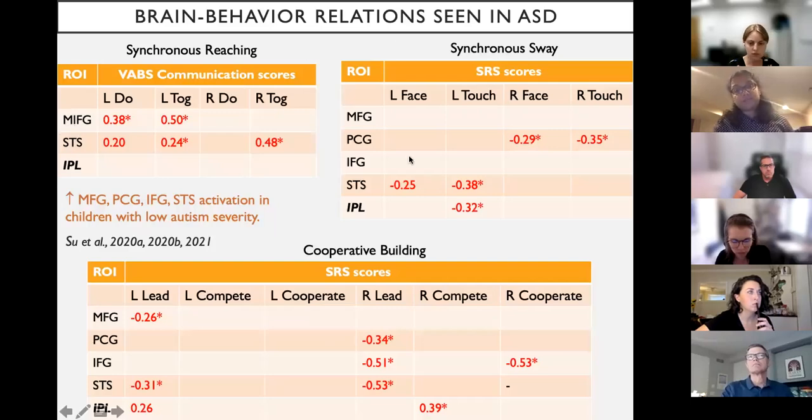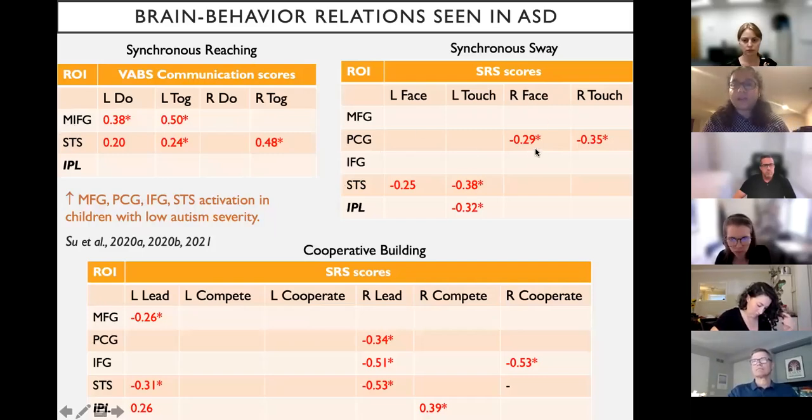And in both of these other tasks, the measure that has worked well is the SRS, where the more the activation in these regions, the less the autism severity, because, sorry, higher scores in SRS imply higher autism severity.